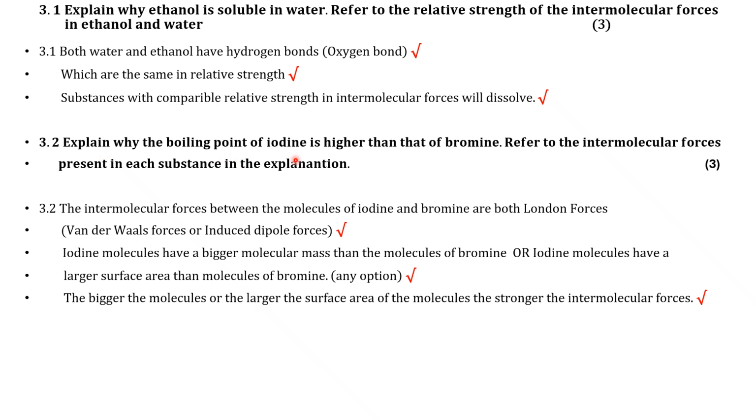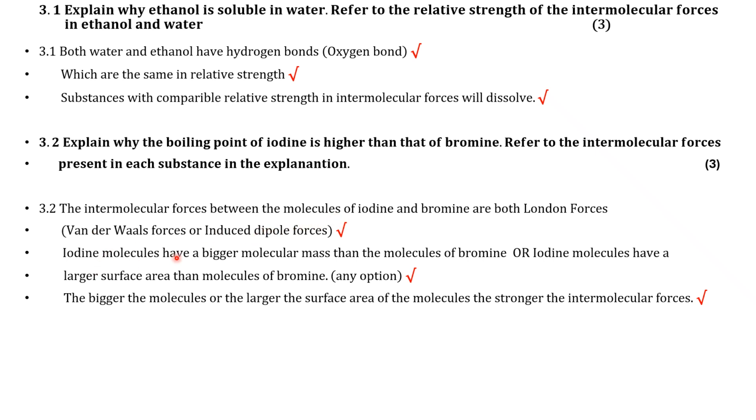Explain why the boiling point of iodine is higher than that of bromine. Refer to the intermolecular forces present in each substance in the explanation. So for boiling point to be higher, it must have stronger intermolecular forces, right? So the intermolecular forces between molecules of iodine and bromine are both London forces, or I can say van der Waals forces or induced dipole forces, right?